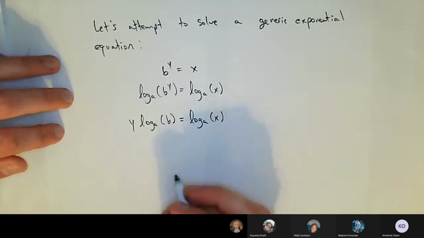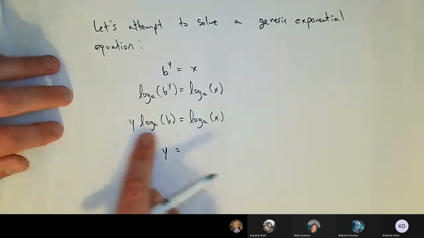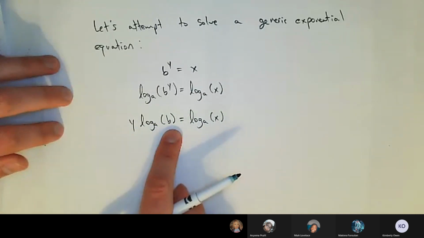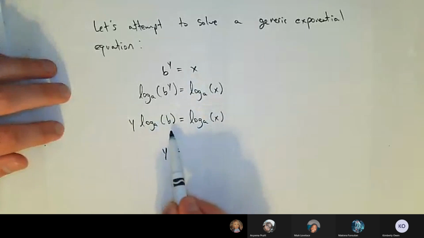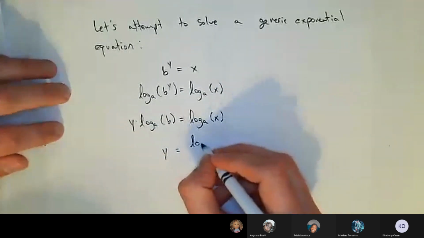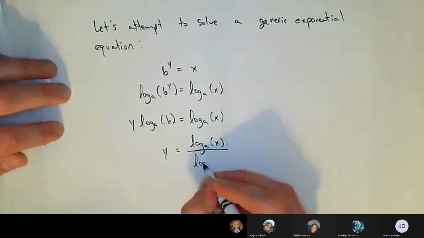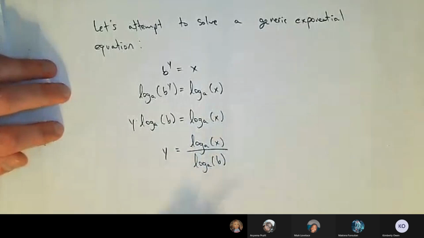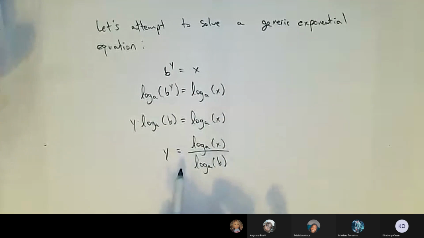And now I can divide this entire log over, because this is attached by multiplication now. So I can divide under this log: log base a of x over log base a of b. This is just a number, so just divide it all the way over. And now I have y is equal to log base a of x over log base a of b.